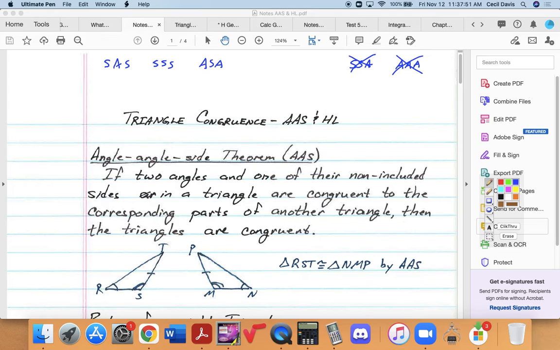Wait, why is angle, angle, angle not a thing? It's a good question. Let me show you. Because really, you can have the same angles but not the same sides. So could I have two triangles like this where all the matching angles are congruent, but none of the matching sides are congruent?